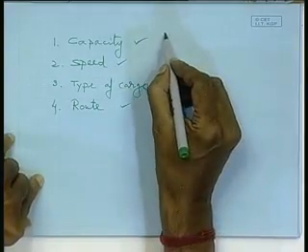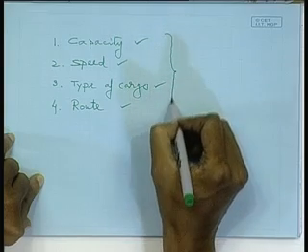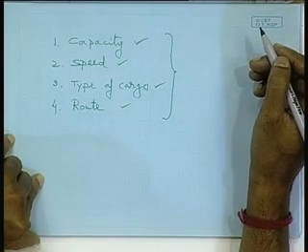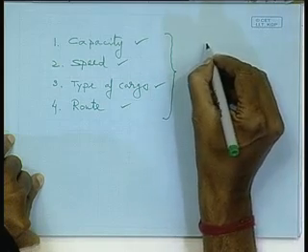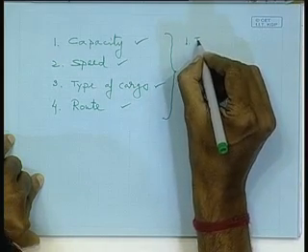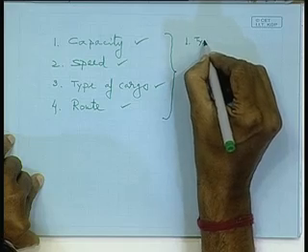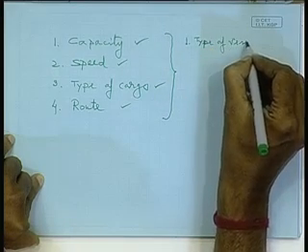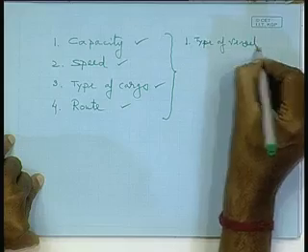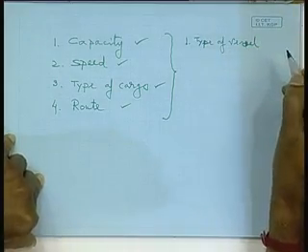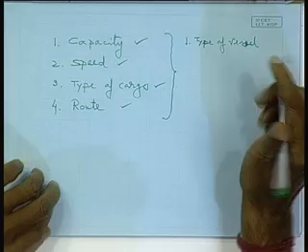So, from this you will have to give a solution. What will the solution comprise of? It will comprise of the type of vessel, isn't it? That means whether it is a container ship or a ro-ro ship or what, the type of vessel.